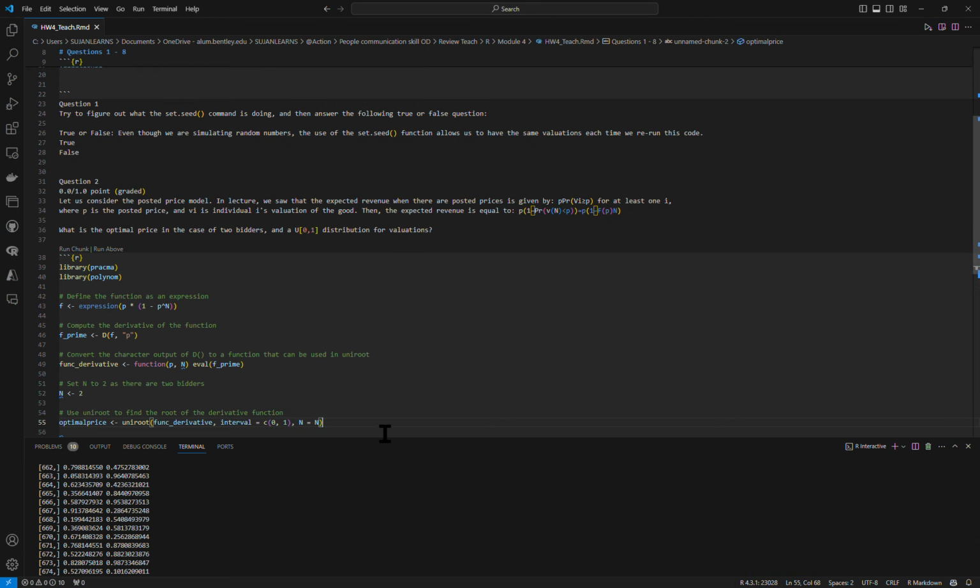We'll take the uniroot function and apply that on the function called function derivative, and the interval will be 0 and 1, where n is equal to 2.